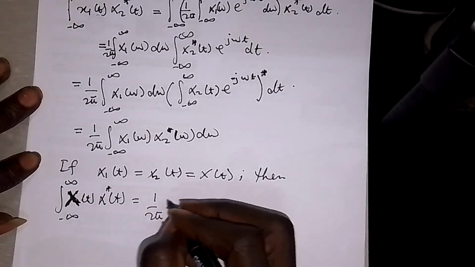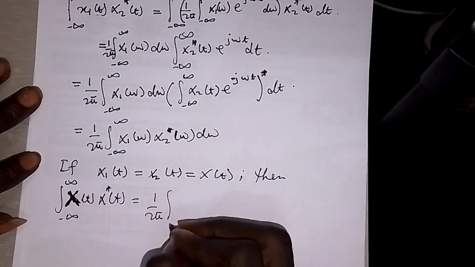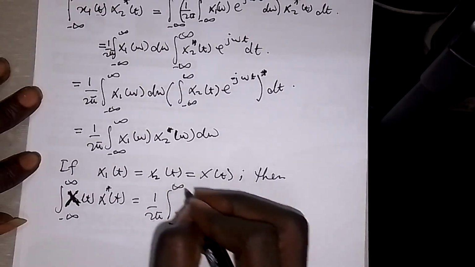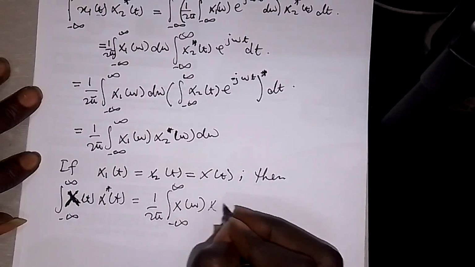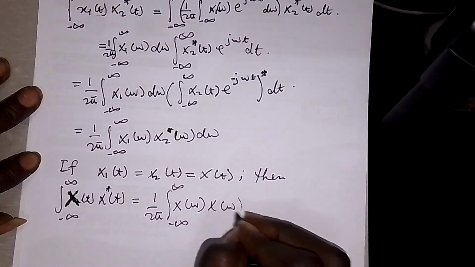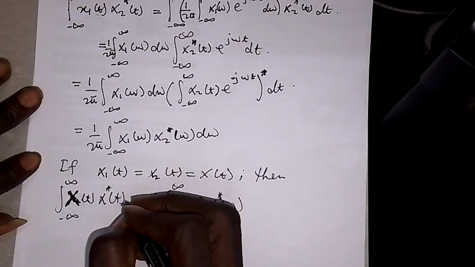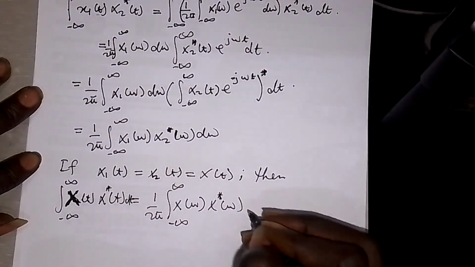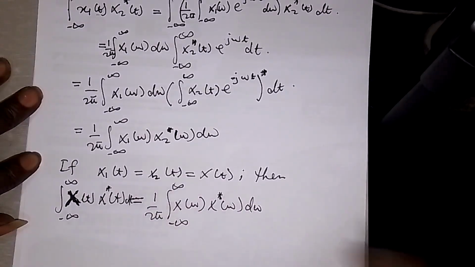the integral from minus infinity to infinity of x of omega into x of omega, the complex conjugate. Here is the t and here is the omega.